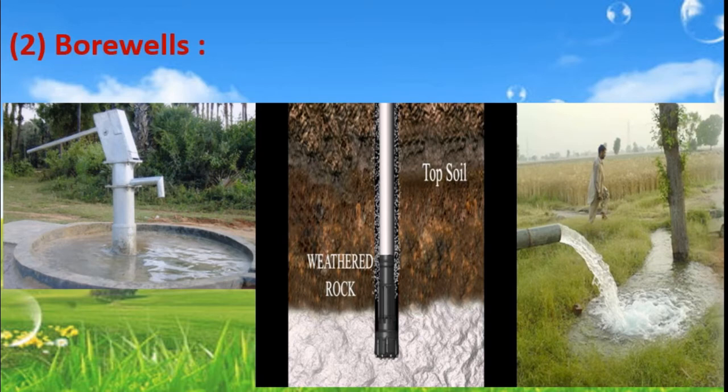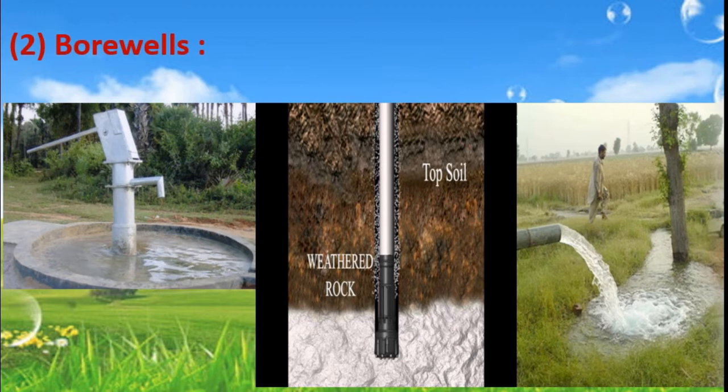See, a tube will be there. Very small and narrow tube goes inside the earth up to the water level. And in the third, by using the pump, it is supplied to the cultivation or for the agriculture. Got this?